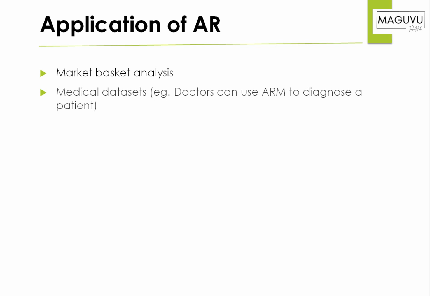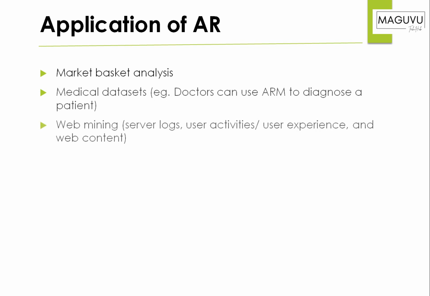It has also been used on social media and recommendation systems, in web mining, server log analysis, where you would want to look at how a user has been clicking links, following links, where you would want to determine that whoever is going to click on this product is also going to click on this product, using some activities that are logged on the servers.